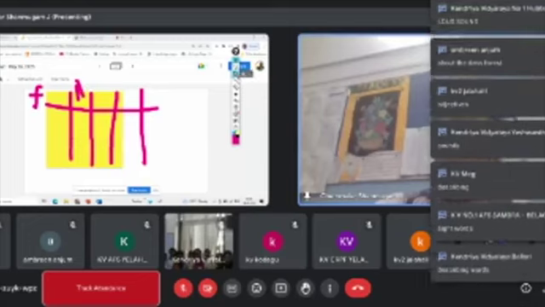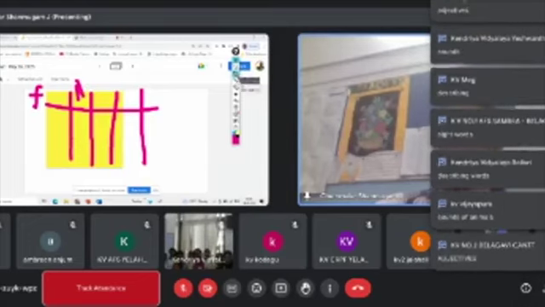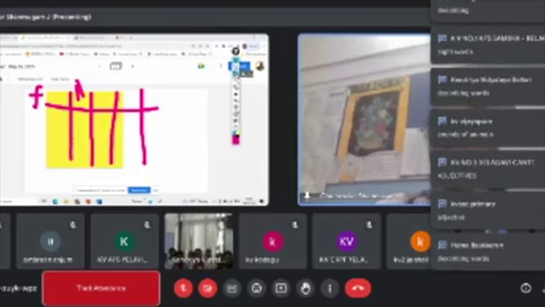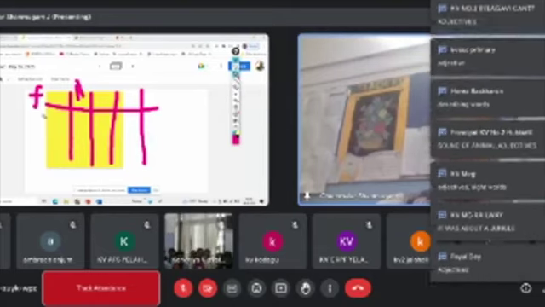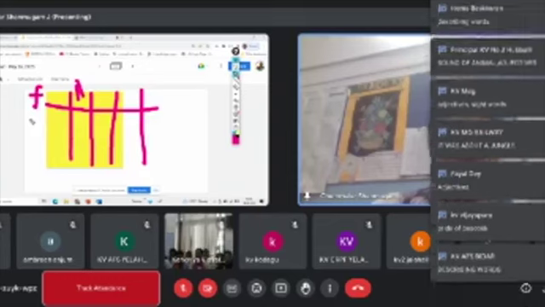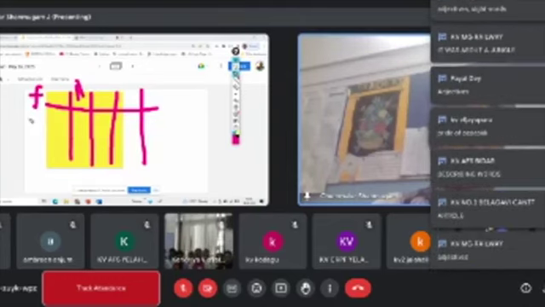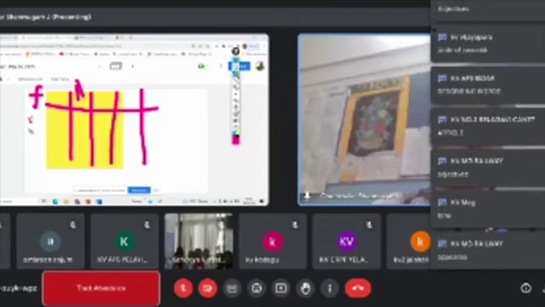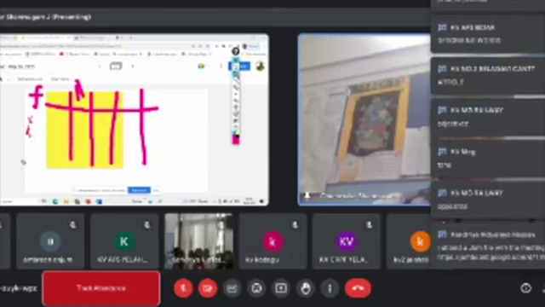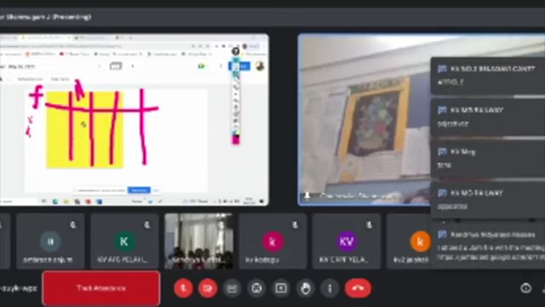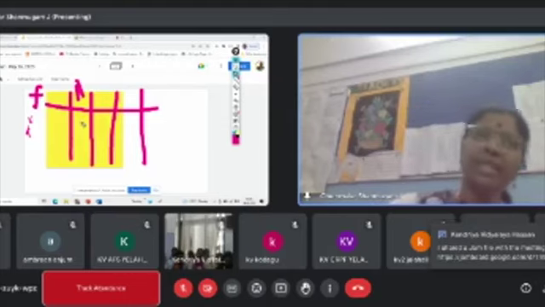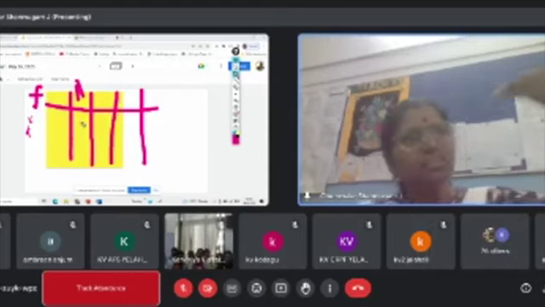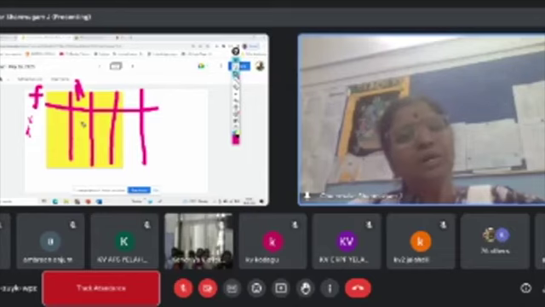This way you can make some columns. And then you write about the forest. They said it was thick, it was dense, it was big. You can write all those things here. About the animals, you can say big, small eyes, short tail, lazy. Such things you can list out on the board.